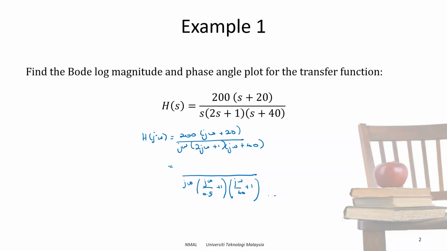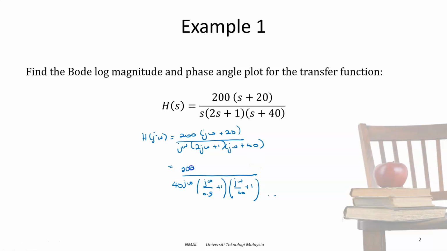So here will be 40, and at the numerator here, this one should be 200. Oops, sorry, 200, and this one j omega plus 20, we make it as j omega divided by 20 plus 1. Take out the 20 here. Okay, and we solve for this.